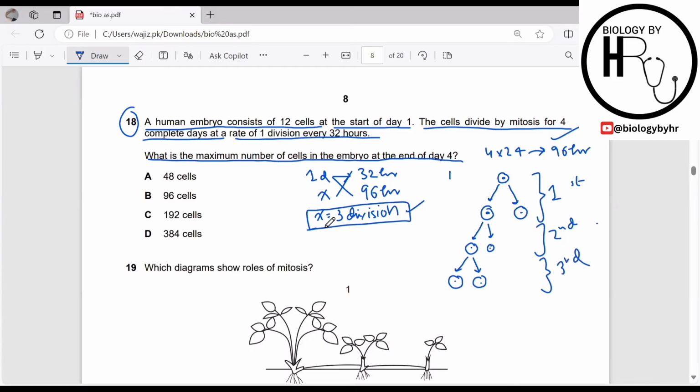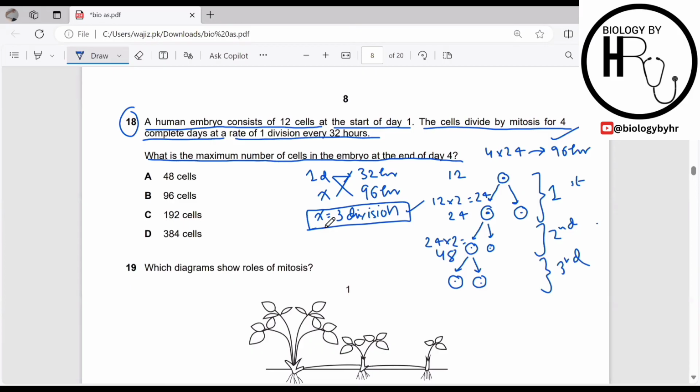At the start we had 12 cells, right? After the first division, we have 12 into 2 cells, which is 24 cells. Now these 24 cells are going to divide again, giving 48 cells.